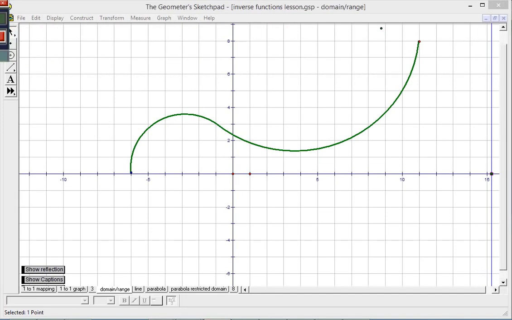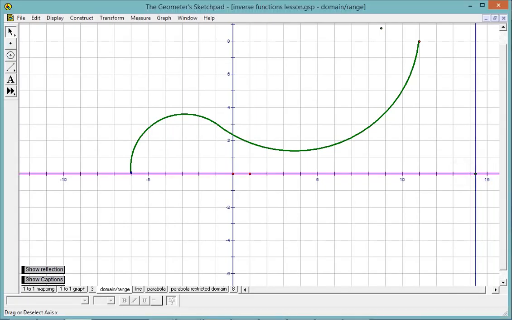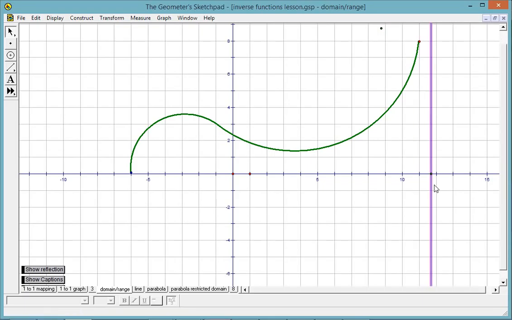So in this graph, we don't have an equation for it, but we can still tell a lot of the values from it, right? So like here, if we look at when x is 11, and I use the vertical line because we're looking at x, right?